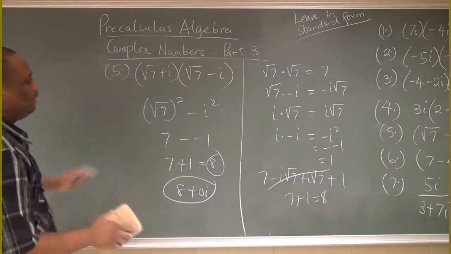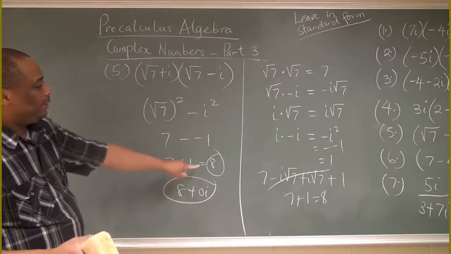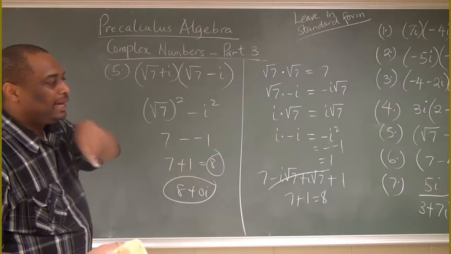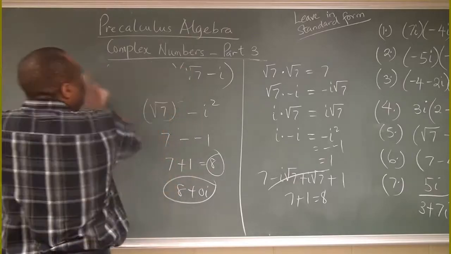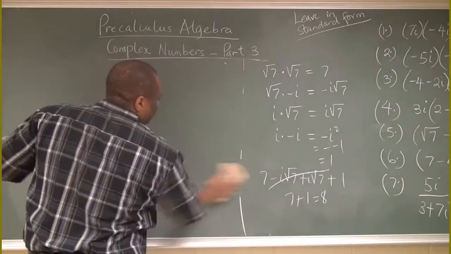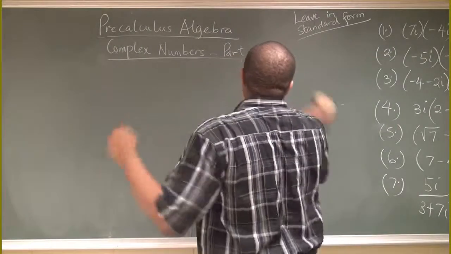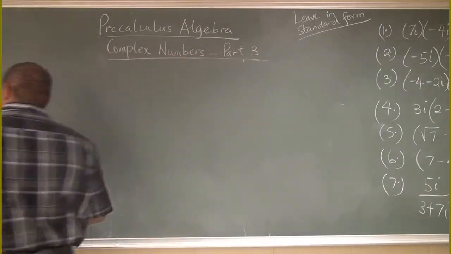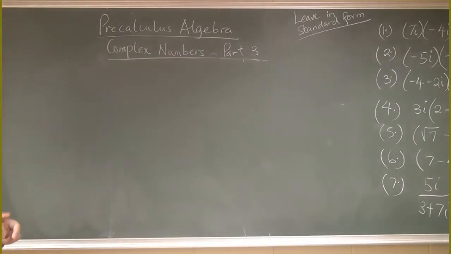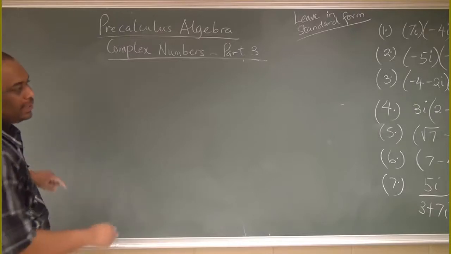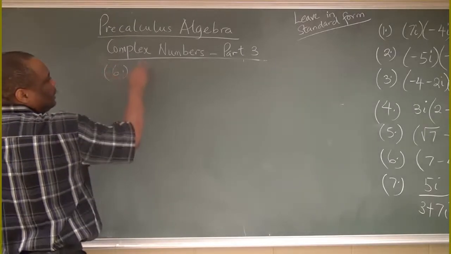And you see, this gave us a real number. We will get to that soon in division. That is question 5. So view my videos on factoring by difference of two squares. The next one is question 6.